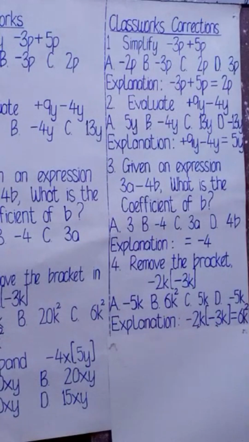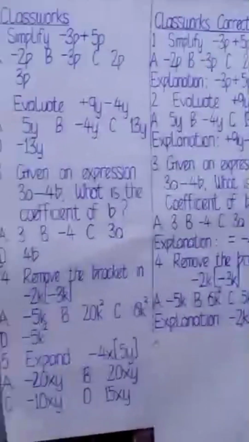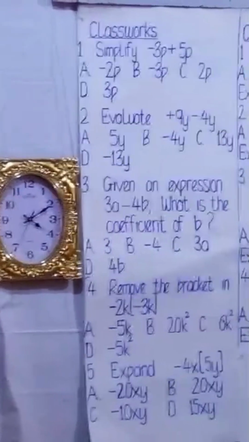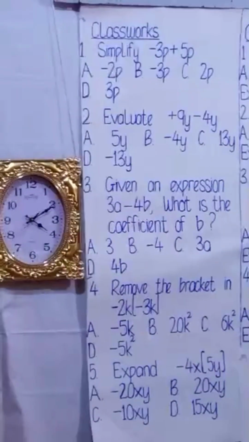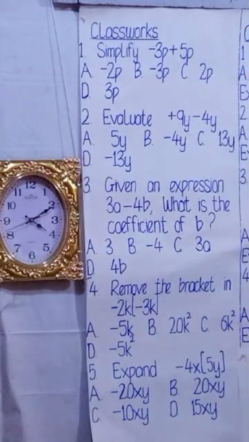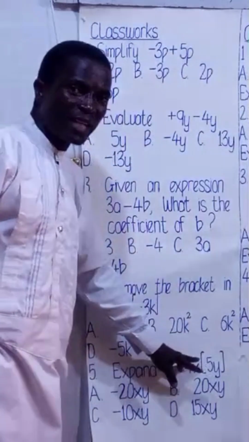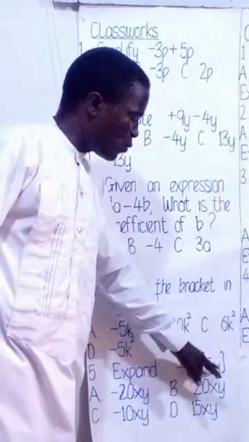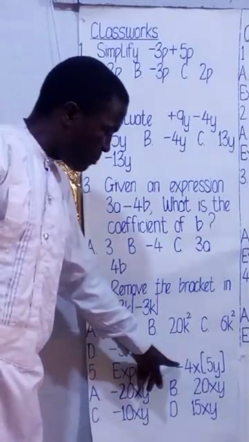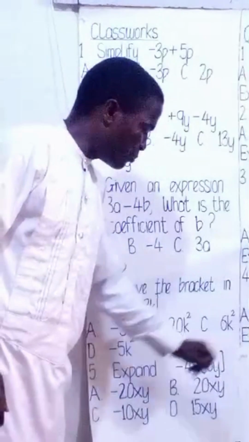So let's quickly look at the last exercise, and that is exercise 5. Our last exercise for today is exercise 5. So look at that number 5. The question says, expand minus 4x, bracket open, 5y, bracket close.